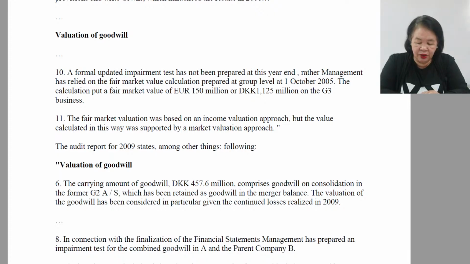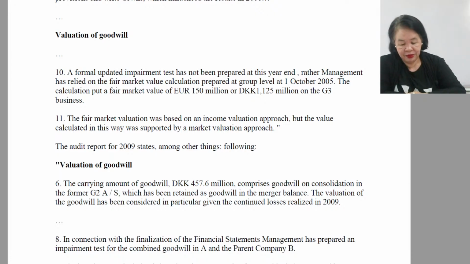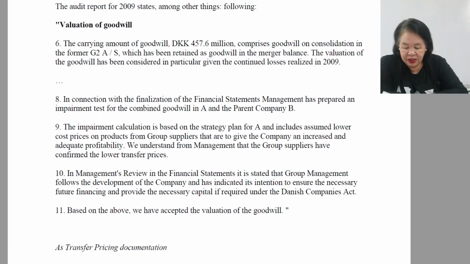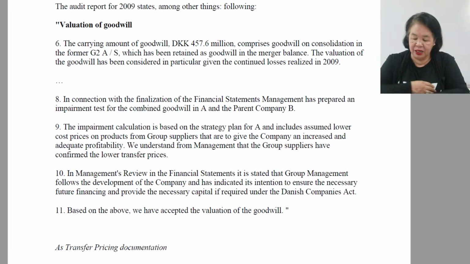No? So, the audit report for 2009 states, among other things, the following: valuation of goodwill. No? Okay. Paano binavalue yung goodwill? The carrying amount of goodwill, Danish krone 457.6 million, comprises goodwill on consolidation in the former G2AS, no? Which has been retained as goodwill in the market balance.